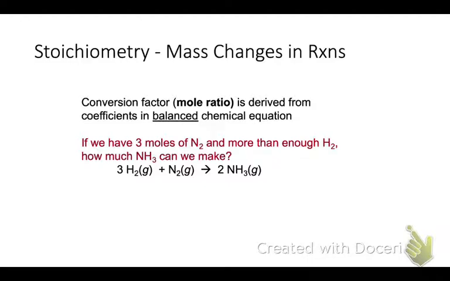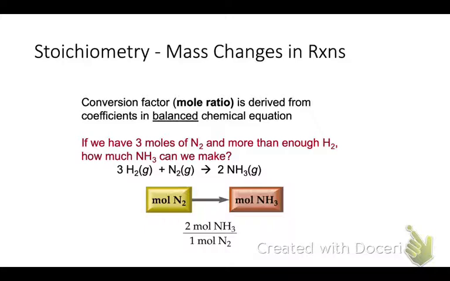So if I have 3 moles of nitrogen, I first check my chemical equation, and my equation is absolutely balanced. 6 hydrogens in, 6 hydrogens out, 2 nitrogens in, 2 nitrogens out. If I start with 3 moles of nitrogen, how much ammonia am I going to be forming?